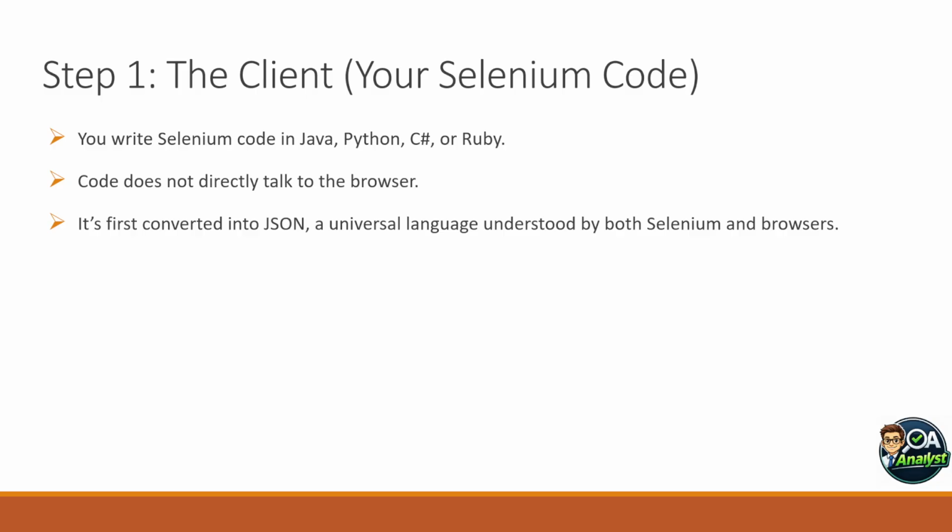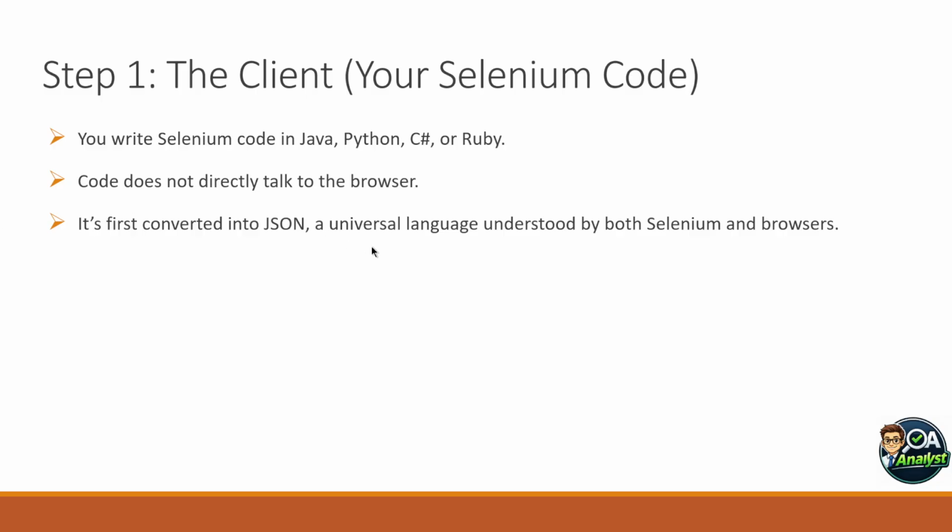This code is written in a programming language like Java, Python, C Sharp, or Ruby. As soon as you execute your script, that code doesn't directly talk to the browser. Instead, it gets converted into a JSON format. Think of JSON like a universal language that both Selenium and browsers understand. So this is the client.